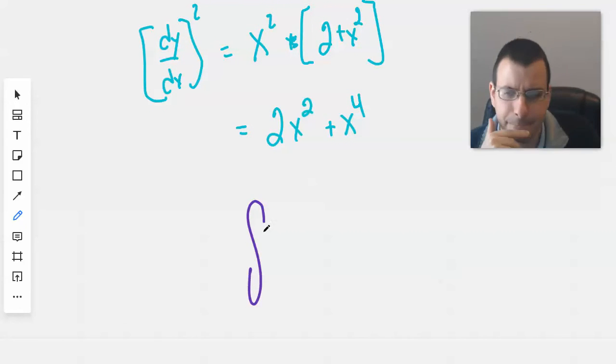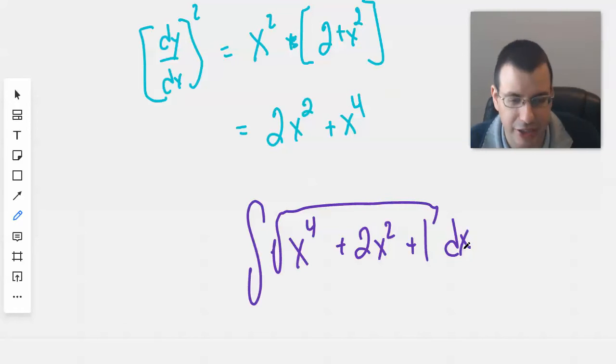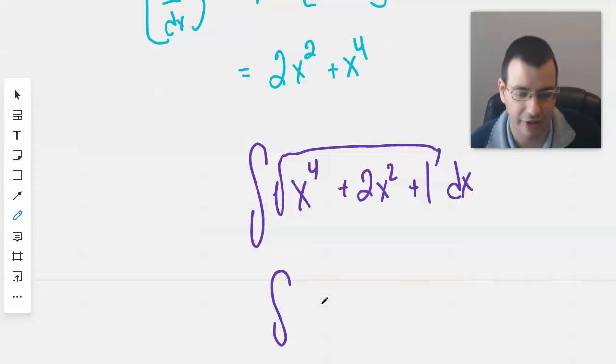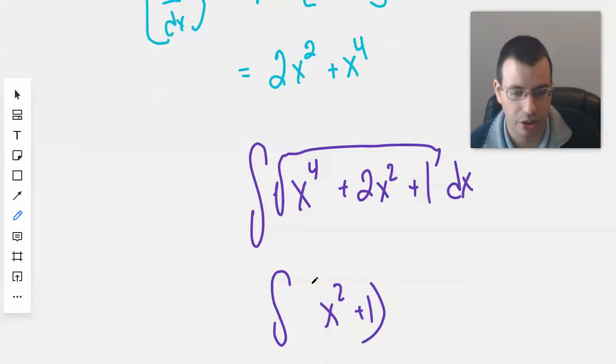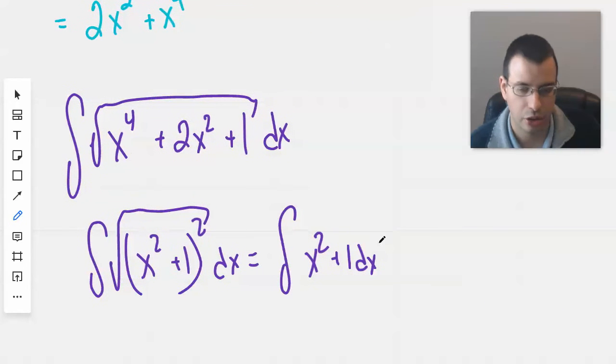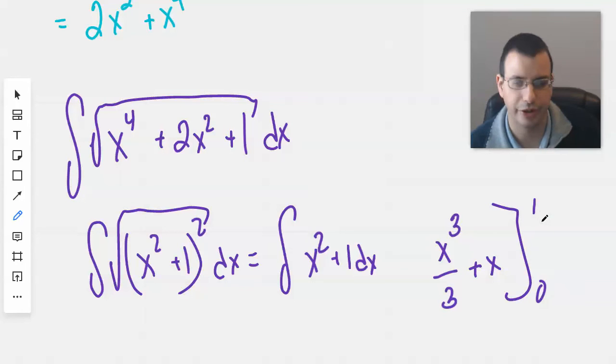Okay. Integral of the square root of x to the 4th plus 2x squared plus 1 dx. All right, and this is a square. So we have, I think, the square root of (x squared plus 1) squared dx, which equals the integral of x squared plus 1 dx, which equals x cubed over 3 plus x, evaluated from 0 to 1.